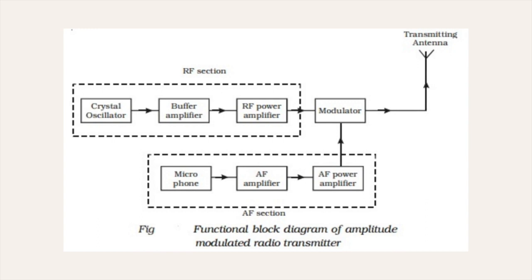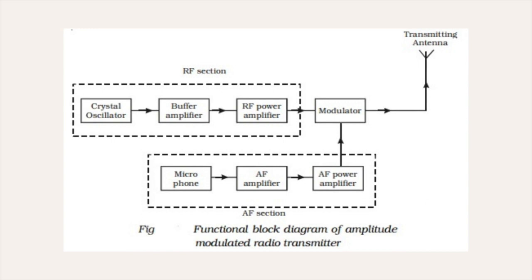So now let us learn what the other section in an amplitude modulated radio does. In the RF section, the high frequency carrier wave is generated by a crystal controlled oscillator. The output of the crystal controlled oscillator is power amplified by the RF power amplifier.